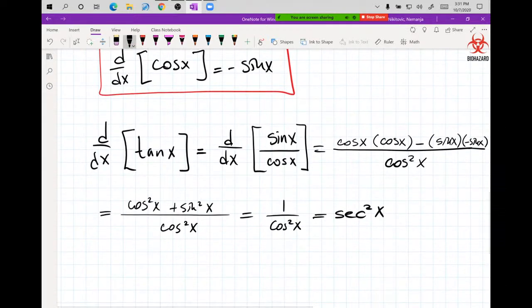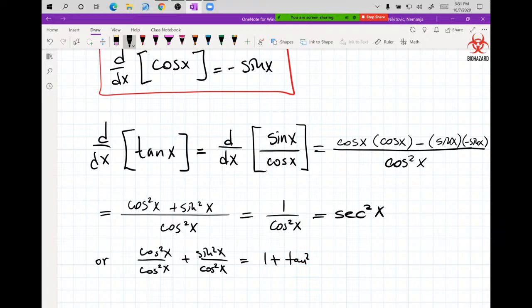Or you can break this into cosine squared x over cosine squared x plus sine squared x over cosine squared x, and get your 1 plus tangent squared x, which is again the Pythagorean identity, a basic identity, into secant squared x.